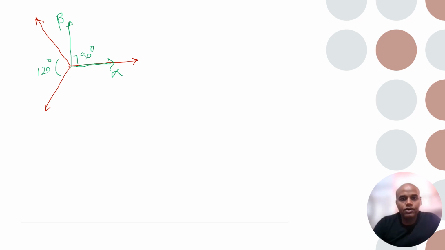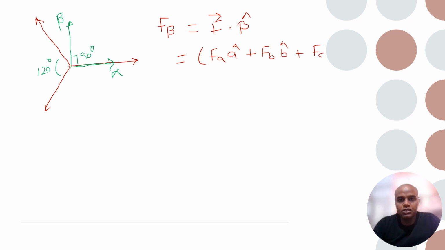Similarly, finding F beta, F beta will be the vector F dot beta cap. Putting the value of vector F over here, F beta will be equal to Fa a cap plus Fb b cap plus Fc c cap dot beta cap.